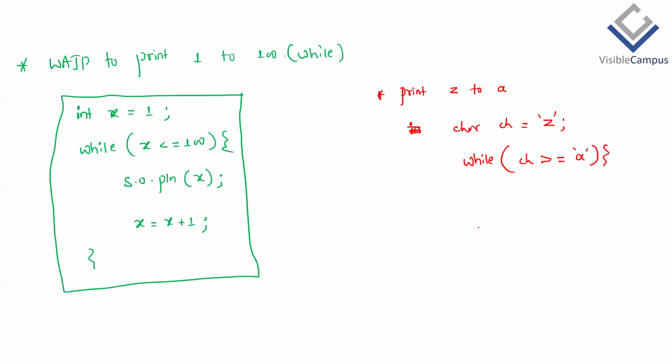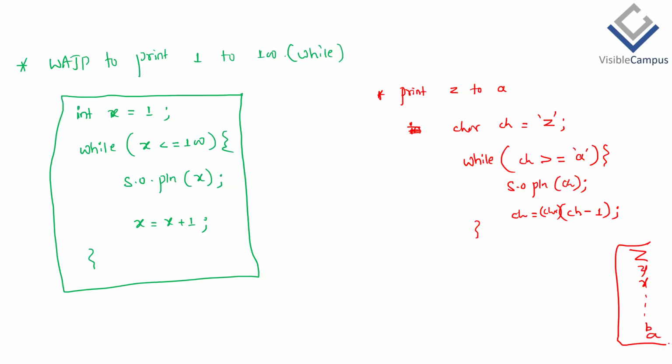So if you write it like this, next, print ch, then followed by decrement. ch equals ch minus 1, but character and integer are not compatible, so typecast to char type. That's it. This will print the output of Z, Y, X, and so on up to B, A. This is the output.